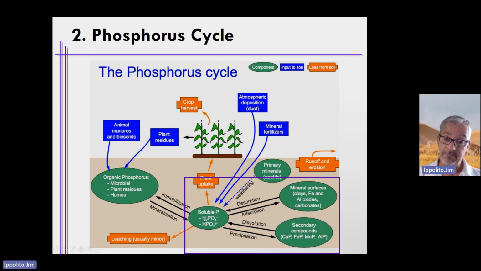Phosphorus loves to be loved. And what phosphorus typically ends up doing in these types of soils that contain apatite, which have a high pH, right? The pH is above 8. Phosphorus loves to be loved, and it ends up typically forming secondary mineral compounds that are calcium phosphates, which are apatites.